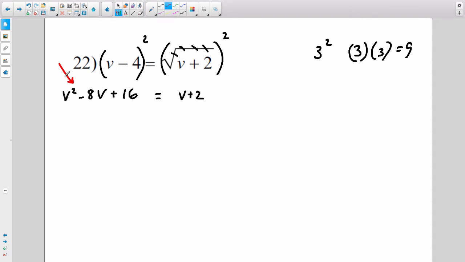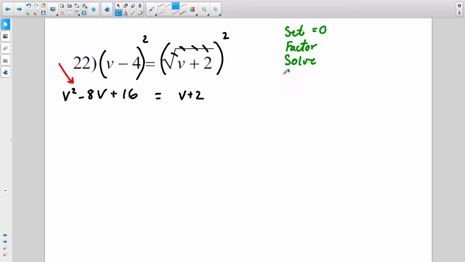So those will be our steps. Let me write those over here for you. Let's set this equal to 0. Let's factor, solve, and then check. These are really important.